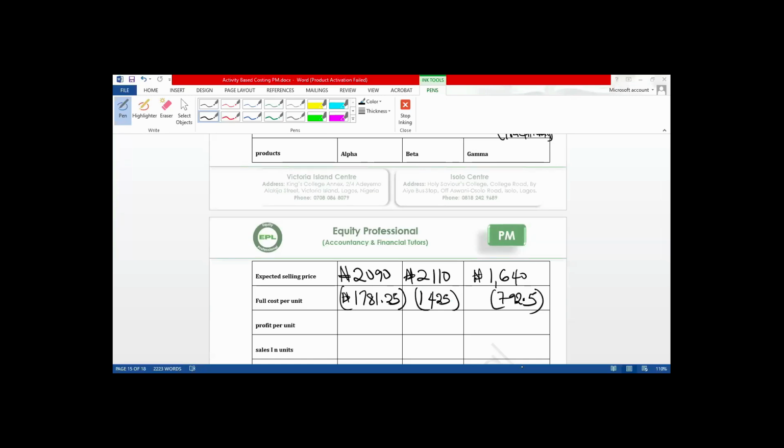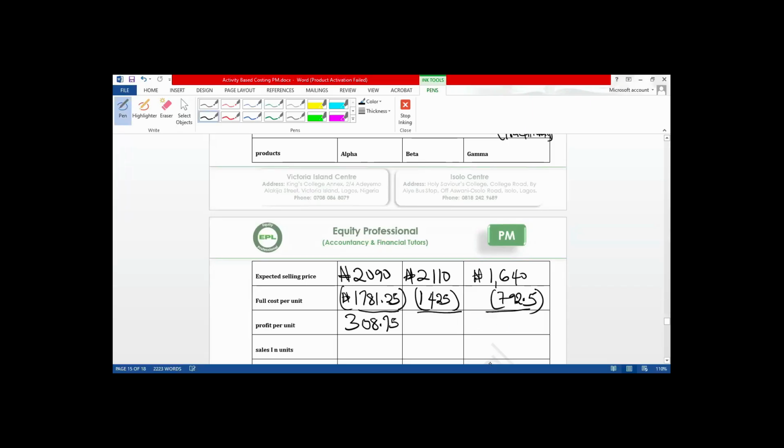For beta, I have 685. The first one is 308.75.